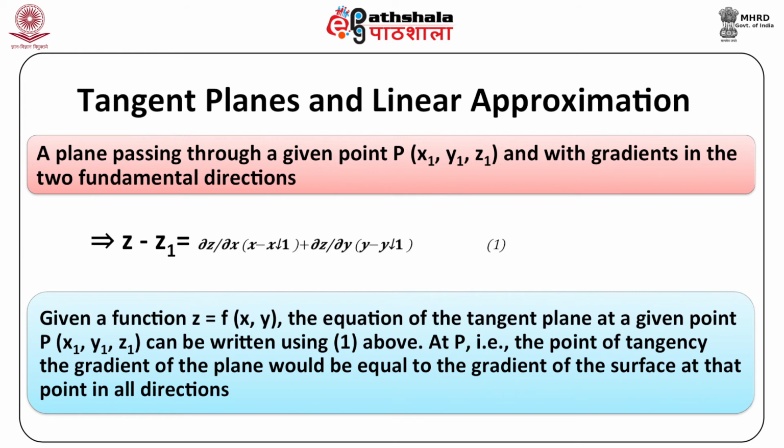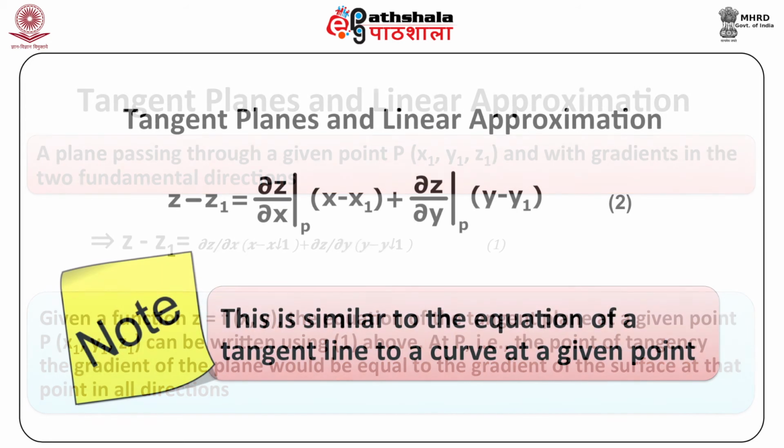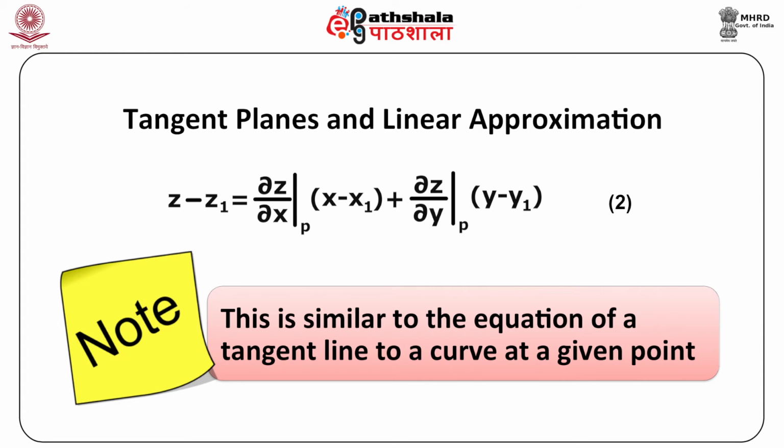At P, that is the point of tangency, the gradient of the plane would be equal to the gradient of the surface at that point in all directions. Thus, equation of the tangent plane will be given by z minus z1 is equal to del z by del x at P (x minus x1) plus del z by del y at P (y minus y1). Now, note this is similar to the equation of a tangent line to a curve at a given point.